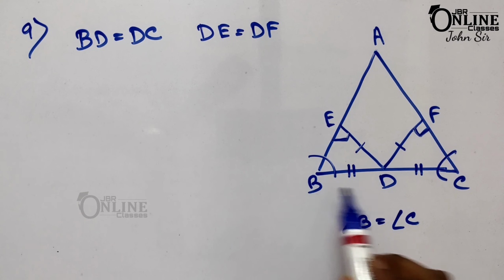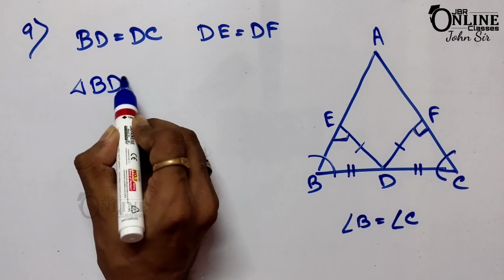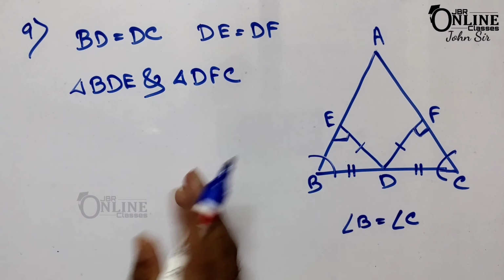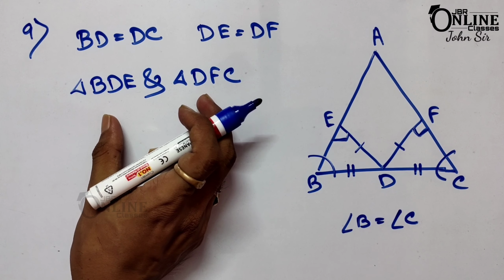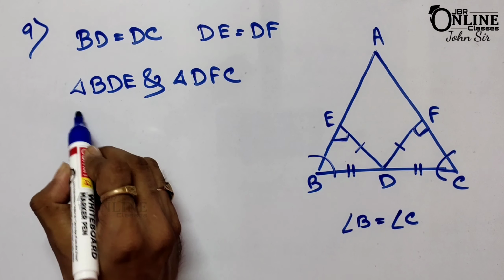So now you have two triangles. Write down here triangle BDE and triangle DFC. If you prove that these two triangles are congruent, then from that you can write angle B equals angle C.